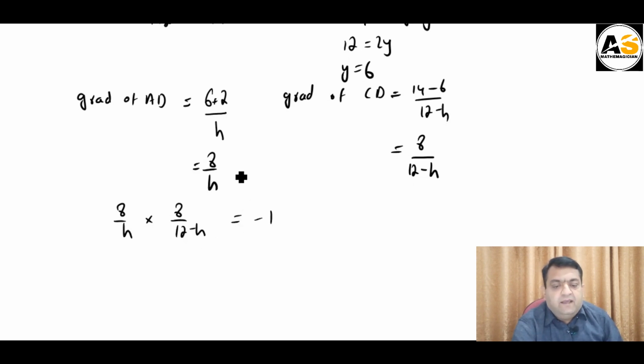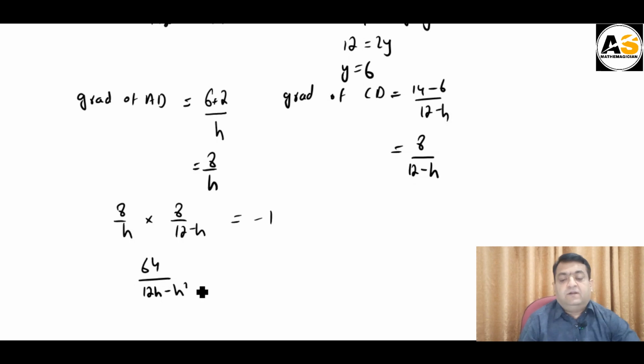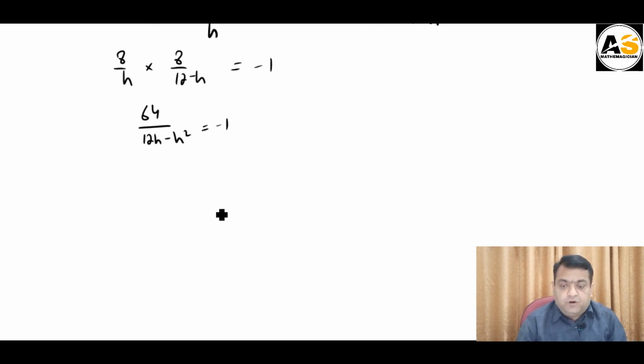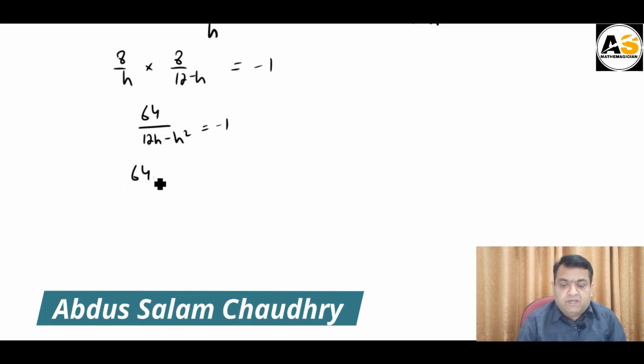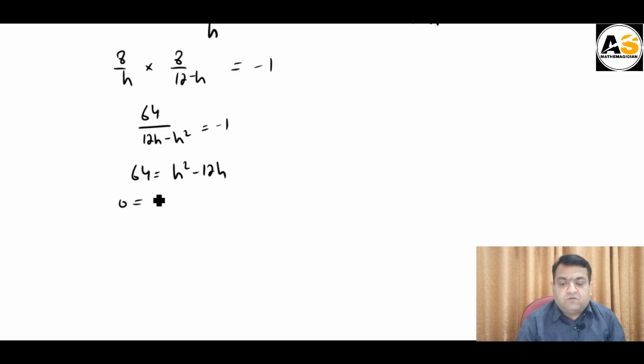Gradient of AD and gradient of CD, their product is minus 1 because AD and CD are perpendicular. I will write 64 over 12h minus h square is equal to minus 1. I will further solve it. 64 is equal to h square minus 12h. 0 is equal to h square minus 12h minus 64.